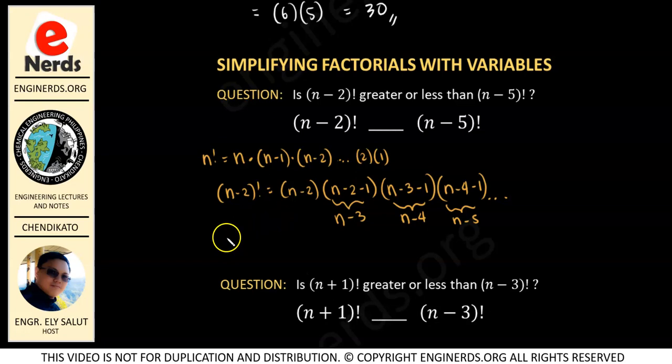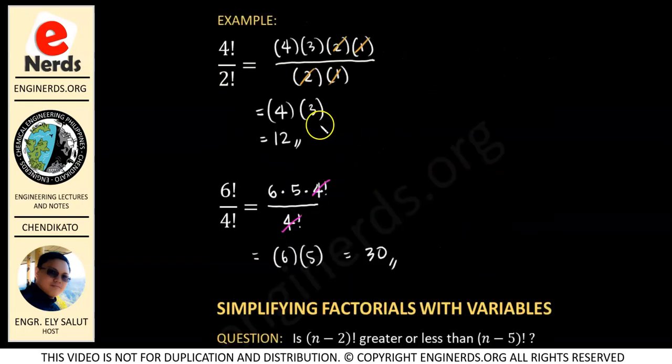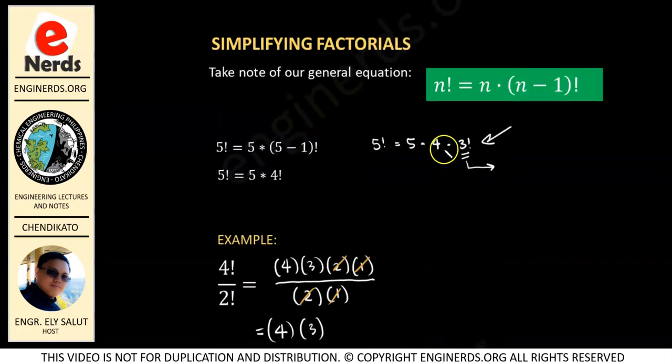So, simplifying this, n minus 2 factorial is equal to n minus 2 times n minus 3 times n minus 4 times n minus 5 factorial. Di ba? Kasi kung ano yung dulo natin, pwede natin gawing factorial pa katulad ng ginawa natin dito, no? As you can see here.